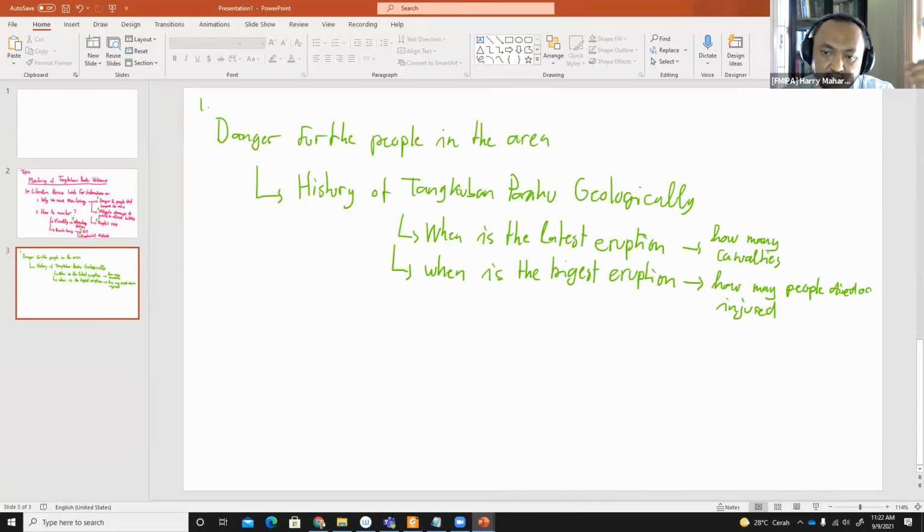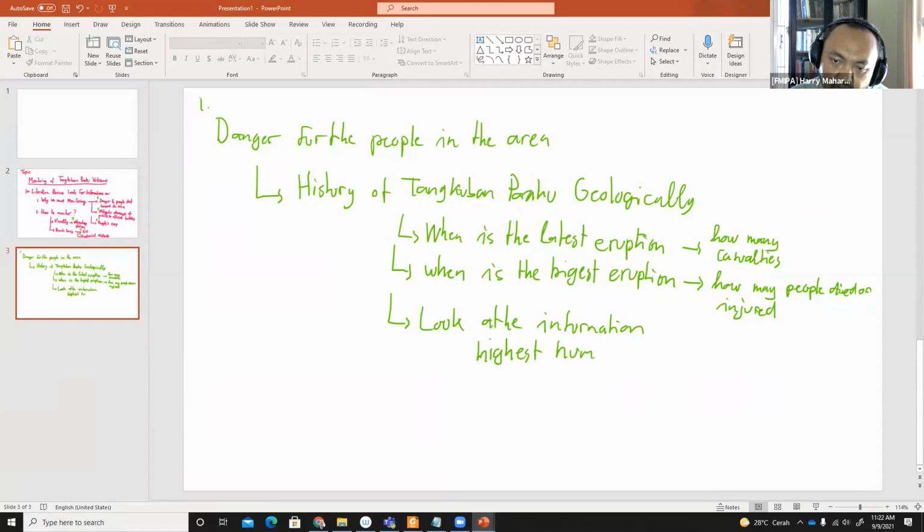If the biggest eruption did not result in many casualties, we need to look for more information. So we need to look at the information about the highest human casualties.